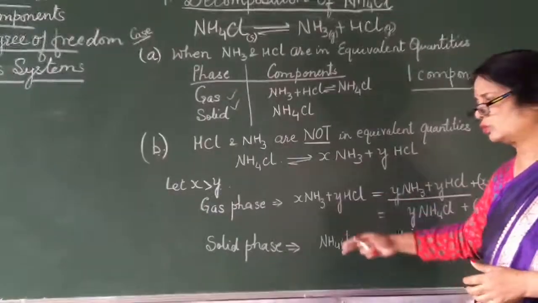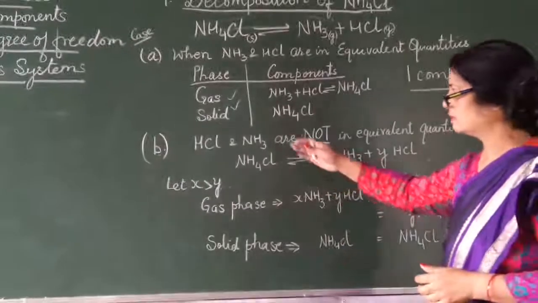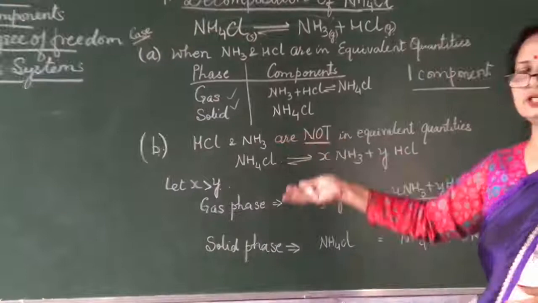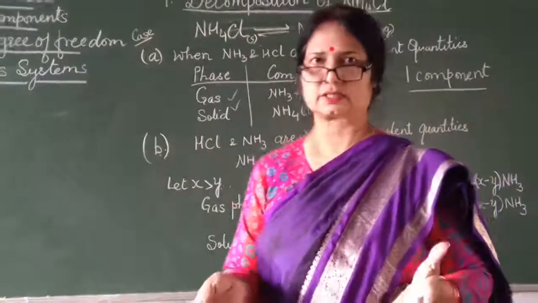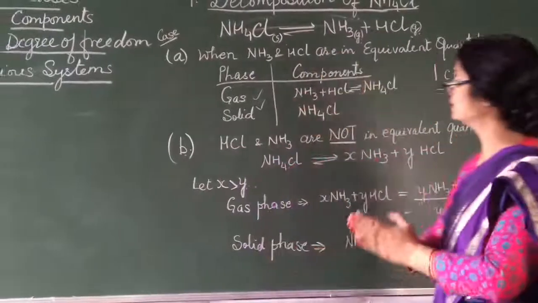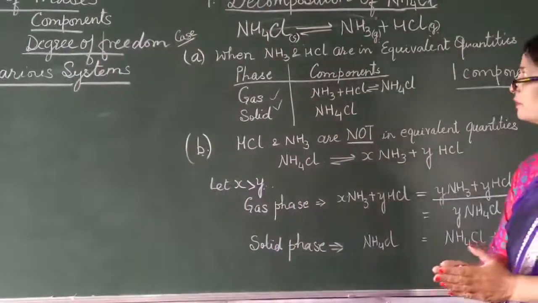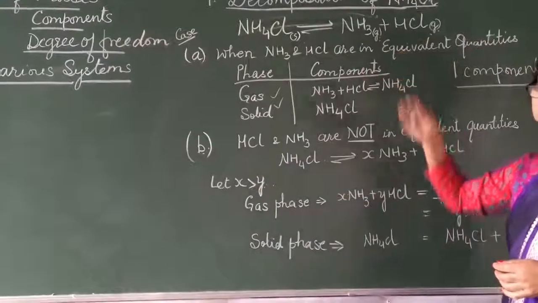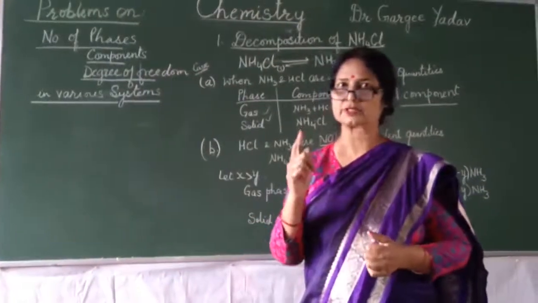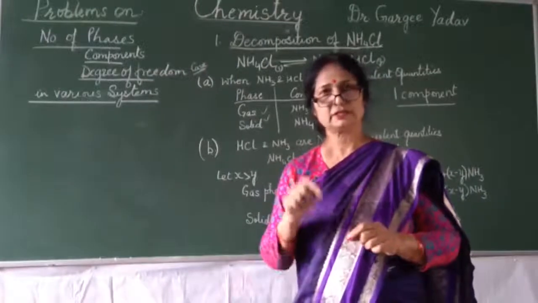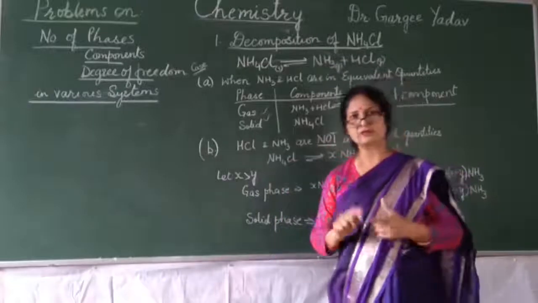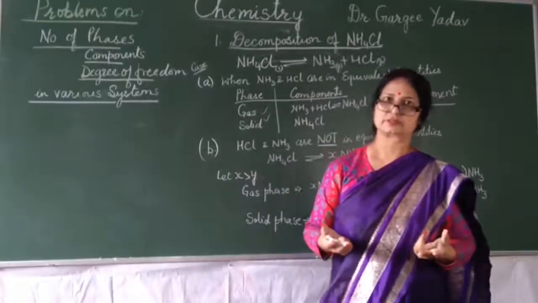So it will be a two component system whenever one of the chemical constituents, HCl or NH3, is present in excess. So what we find in the decomposition of NH4Cl is that when NH3 and HCl are present in equivalent proportions, it is always a one component system. But if either NH3 or HCl is present in excess, then it will always be a two component system.